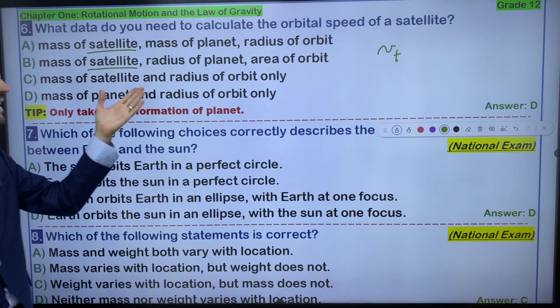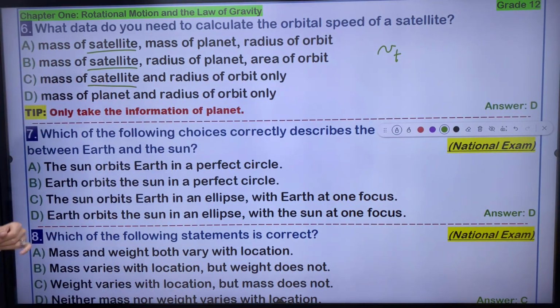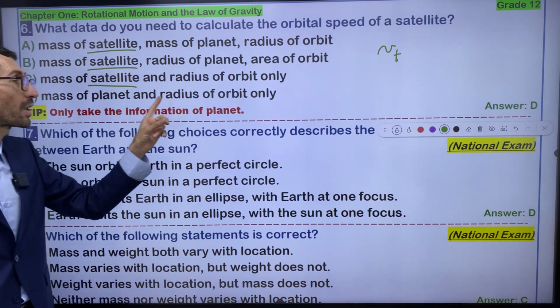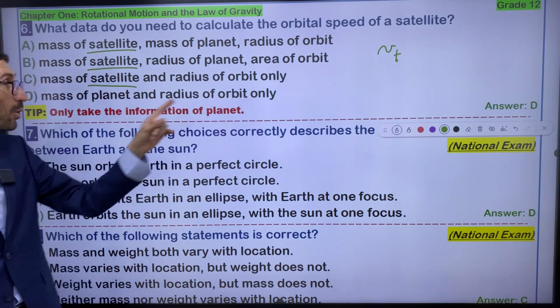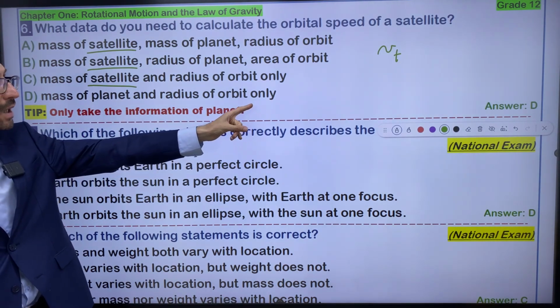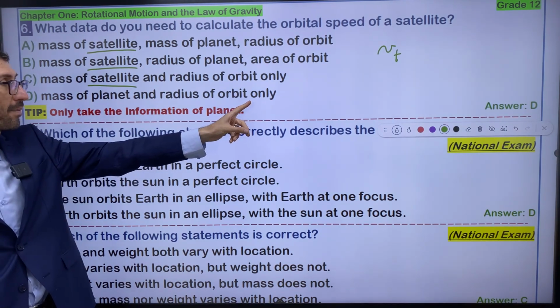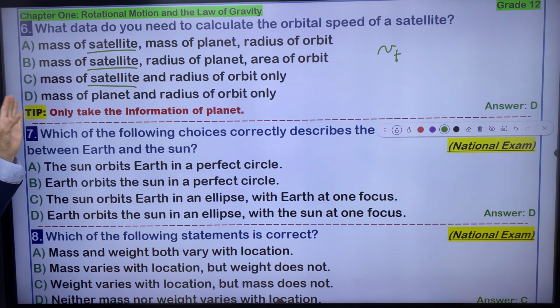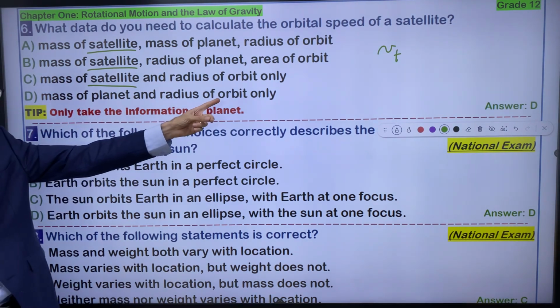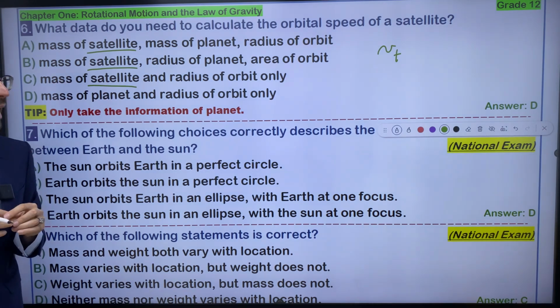C, mass of the satellite and radius of the orbit only, right? D says mass of planet and radius of orbit only. I want you to find the word satellite in option D. Do you see the word satellite here in option D? No.